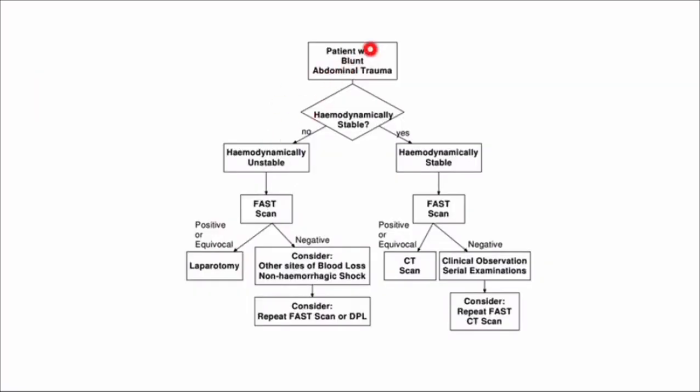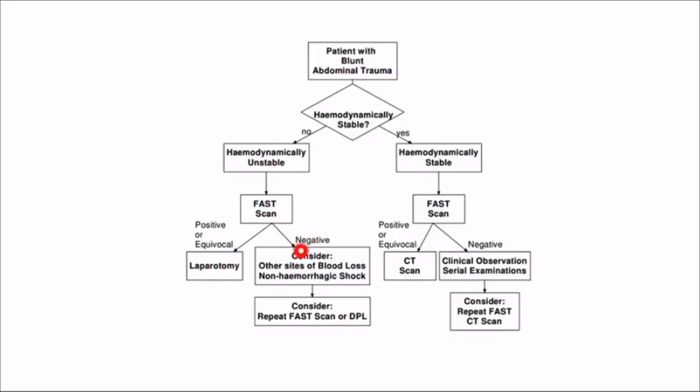So this is the algorithm that we use to evaluate blunt abdominal trauma. Usually, if the patient is hemodynamically unstable or hemodynamically stable, a FAST exam is the procedure of choice. If the FAST exam is positive in unstable patients, usually laparotomy is indicated.